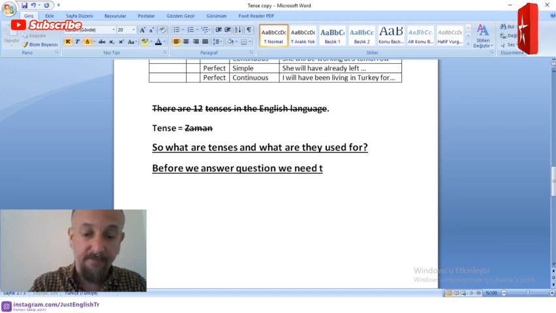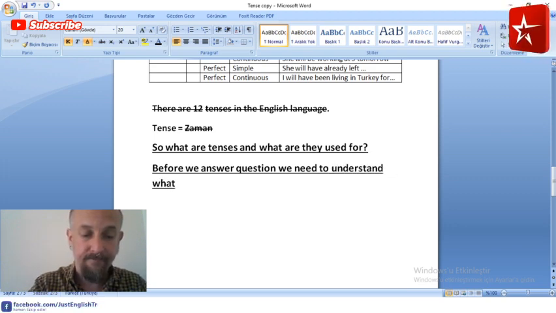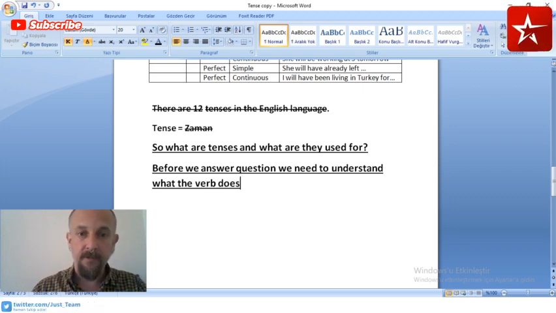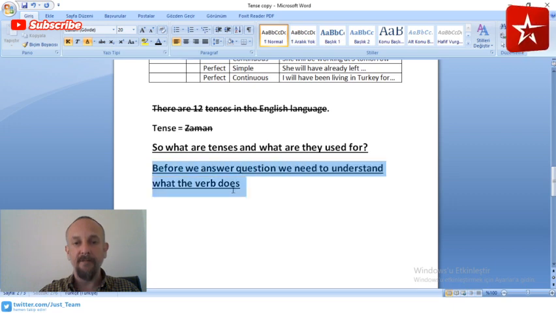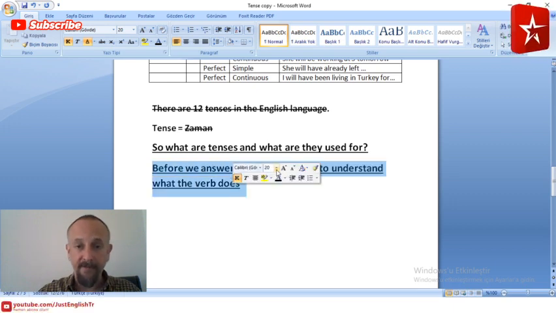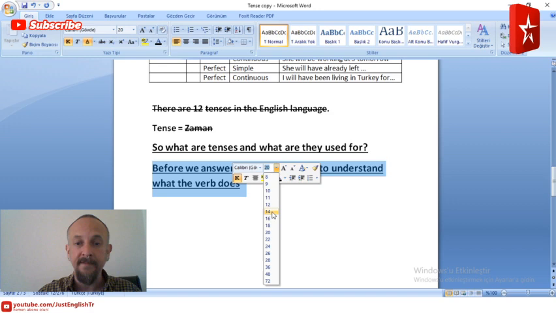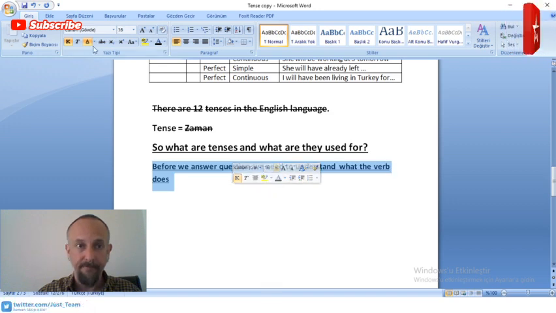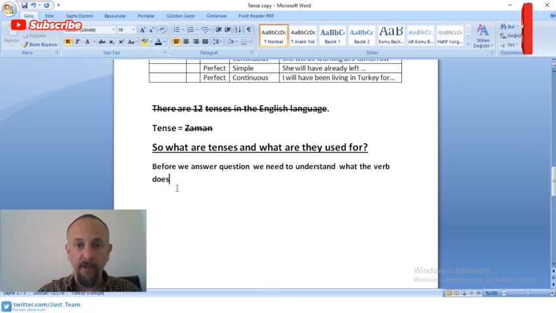We need to understand what the verb does. The verb and the tense, they are intrinsically related with each other. We can't have one without the other, as it were.